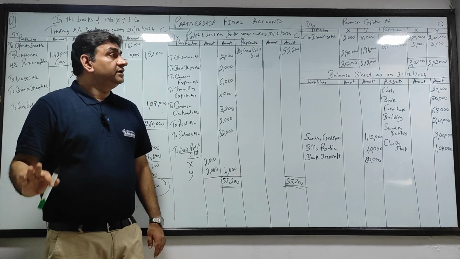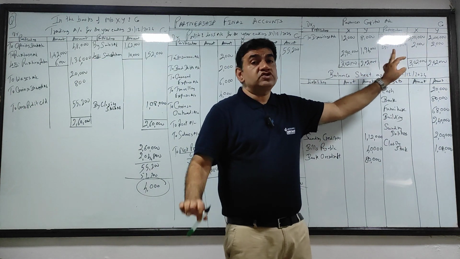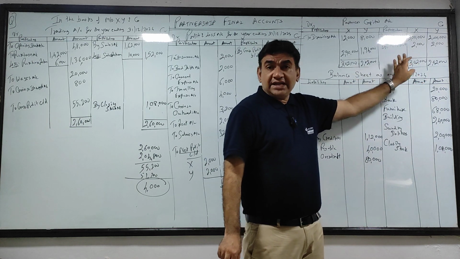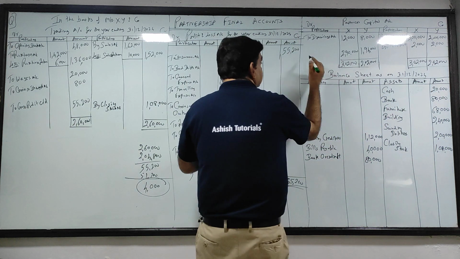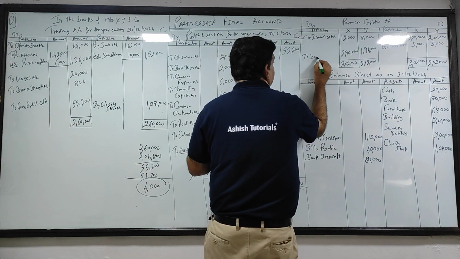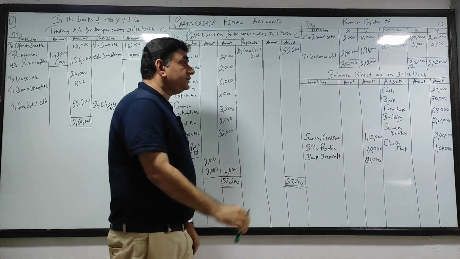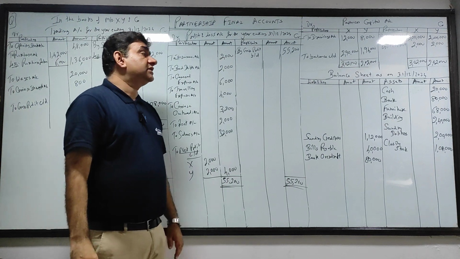Got it? Now guys listen. When we started, it was the opening balance given in the question. We wrote 'by balance brought down'. Now this is closing, so in front of this you will write 'to balance carried down'.